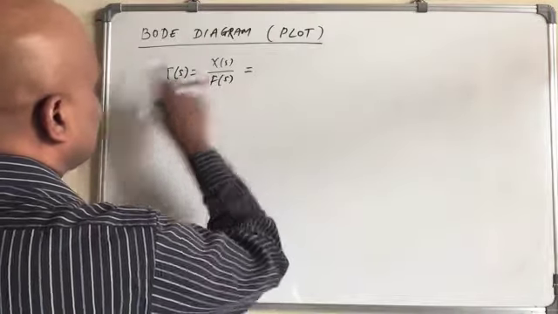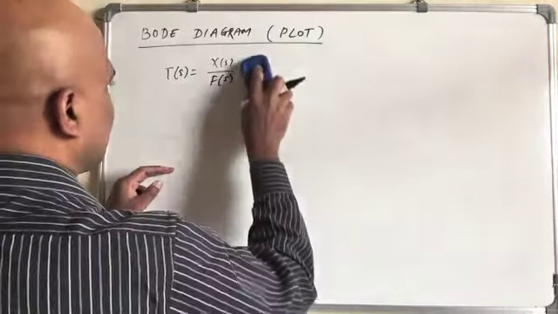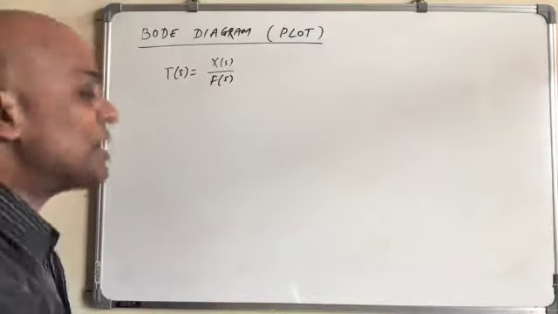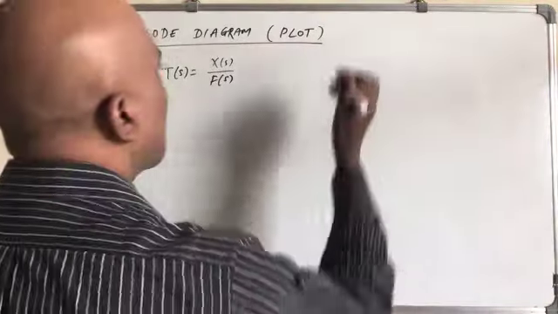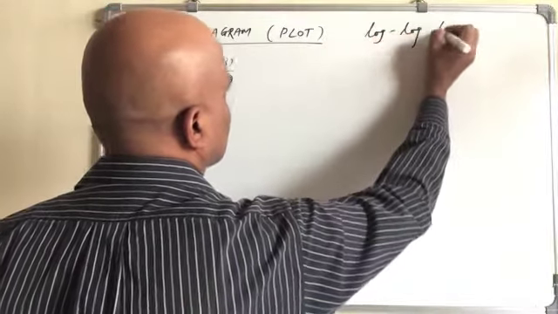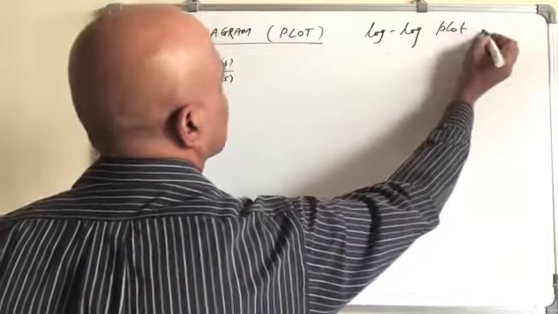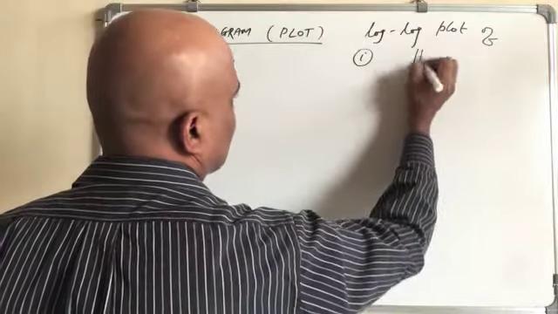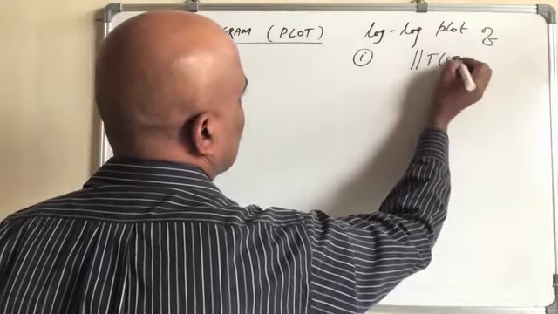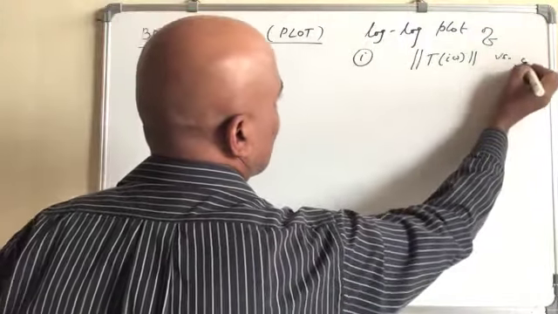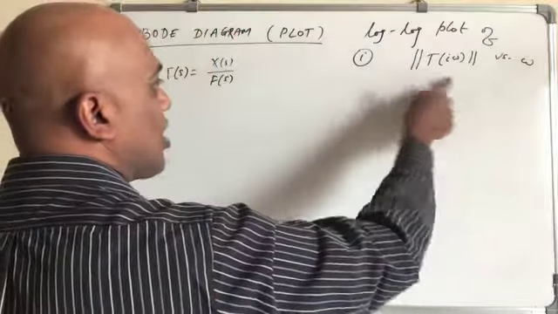So T(s) is equal to this one, just like this one. So this Bode diagram is nothing but the log plot. So this is a log plot of, first, the magnitude of T(iω) versus omega, but log.